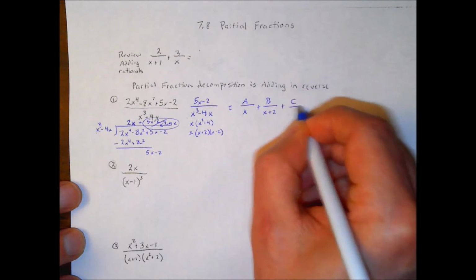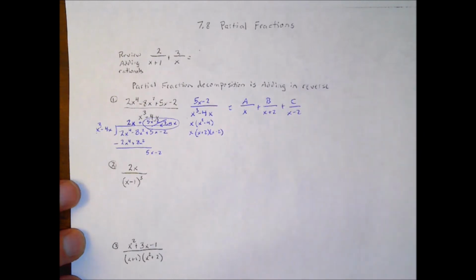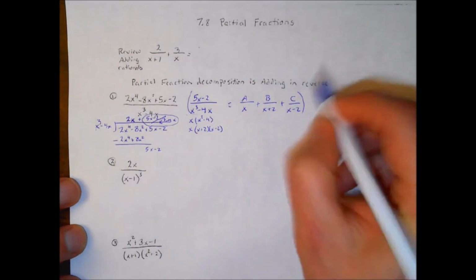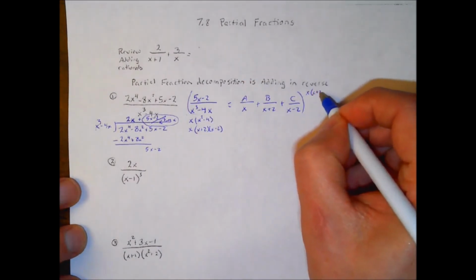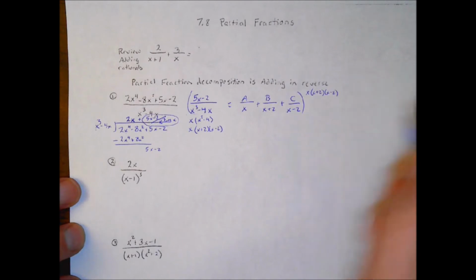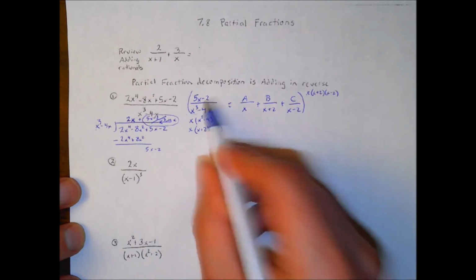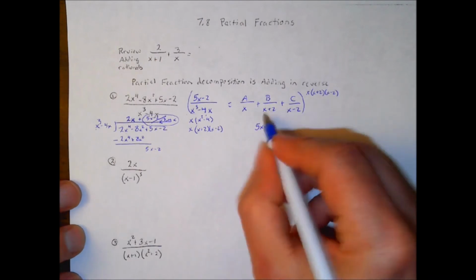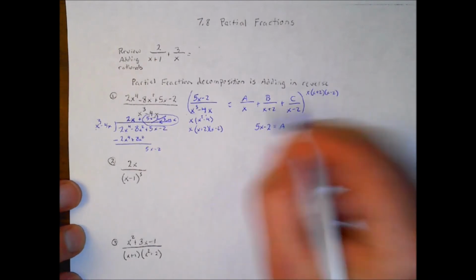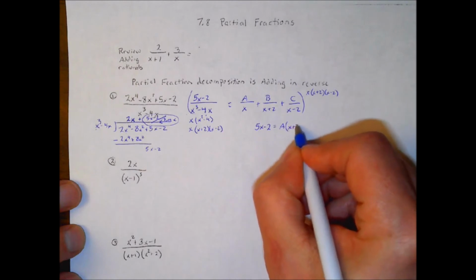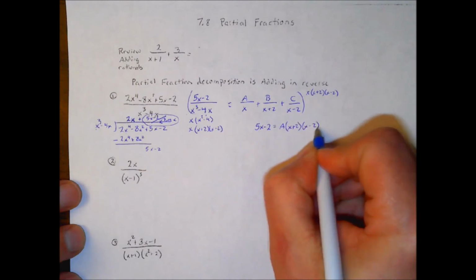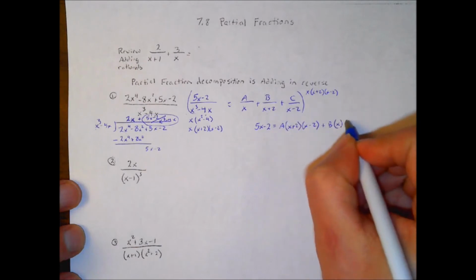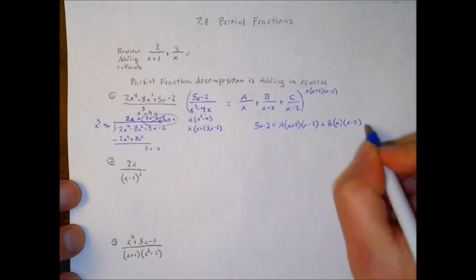Now, to solve this equation, I'm going to multiply by x plus 2 and x minus 2. They both eliminate there, so I just have the equation 5x minus 2 equals a times (x plus 2)(x minus 2), plus b times x(x minus 2), plus c times x(x plus 2).